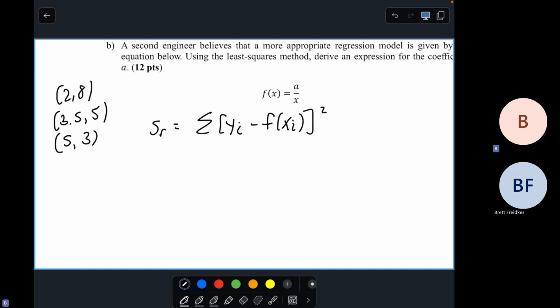So I want to minimize the sum of the squares of the residuals for f of x being a over x. So I will plug that into my function. What do I have to do with SR in order to find the value of a that minimizes SR? You have to take the partial derivative with respect to a.